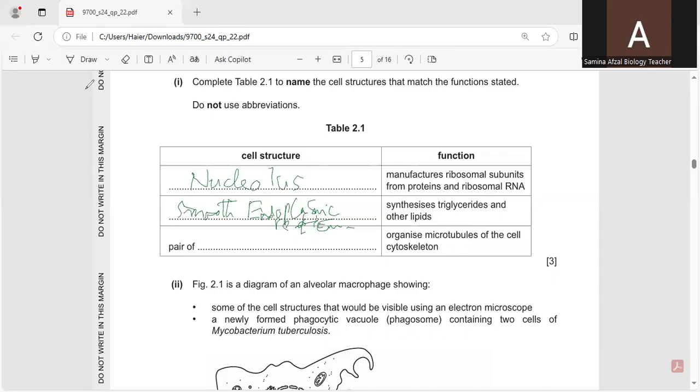Instead, it is involved in the synthesis of triglycerides and other lipids. So they have different functions. Next cell structure is the one that organizes microtubules of the cell cytoskeleton. So only this pair of centrioles performs this function.